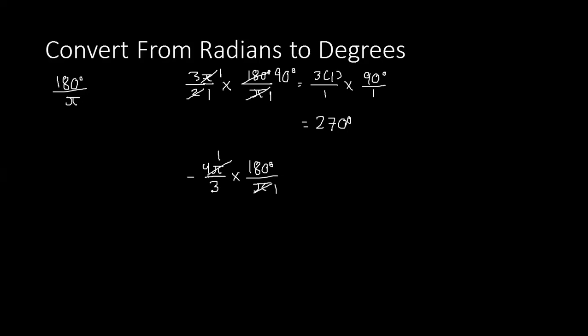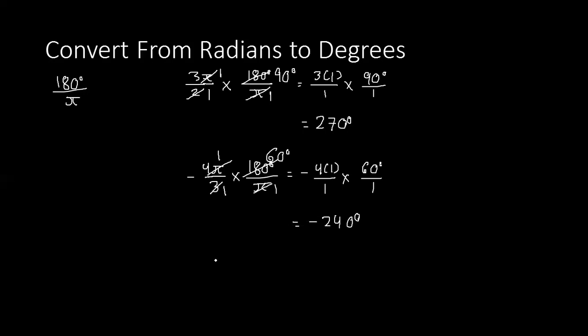So 3 divided by 3 is 1, and 180 degrees divided by 3 is 60 degrees. Am I right? Just making sure. All right, I'm correct. So with that, we will have negative 4 times 1 all over 1 times 60 degrees all over 1. Multiplying them together, we will have the result of negative 240 degrees. That is our final answer.